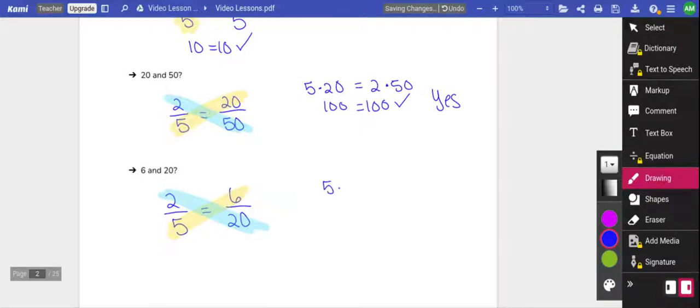Is 5 times 6 going to be the same as 2 times 20? Ugh, no, it is not. So because those cross products are not equal, 6 and 20 are not in the ratio of 2 to 5.